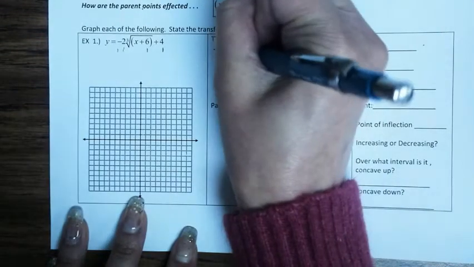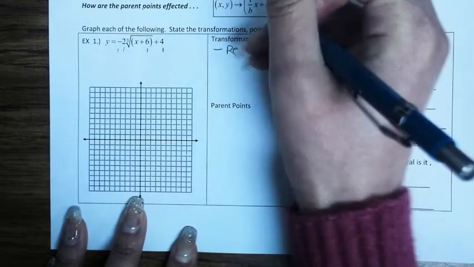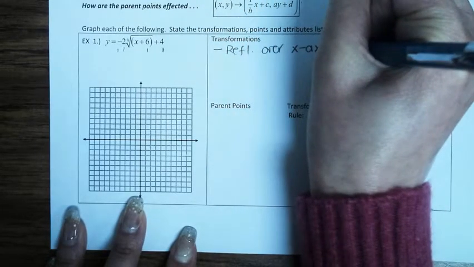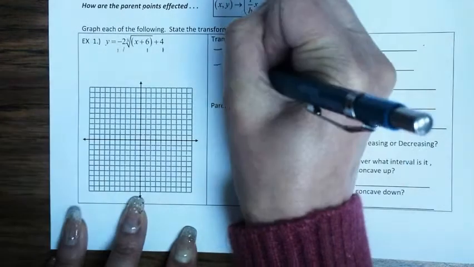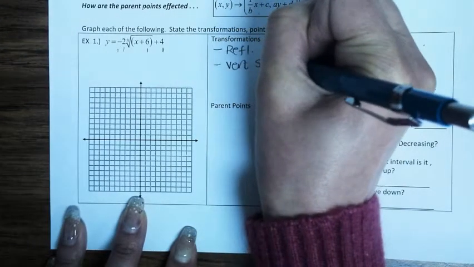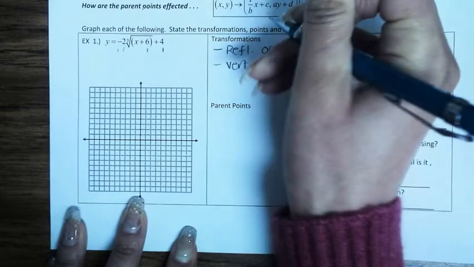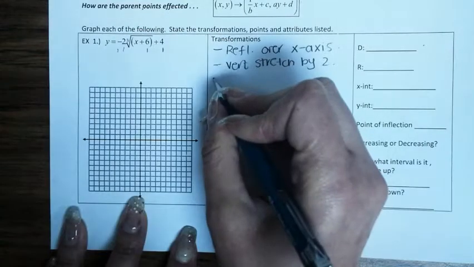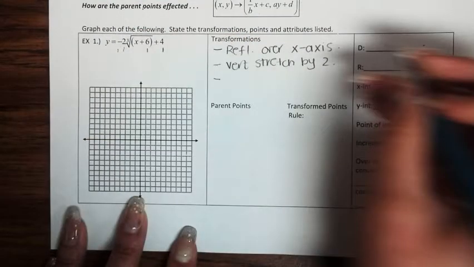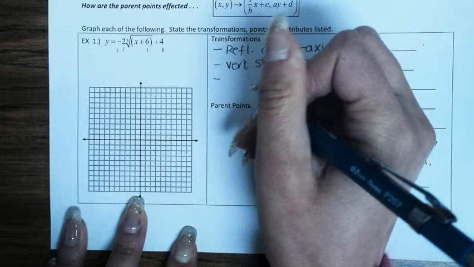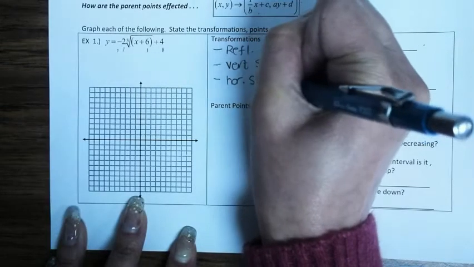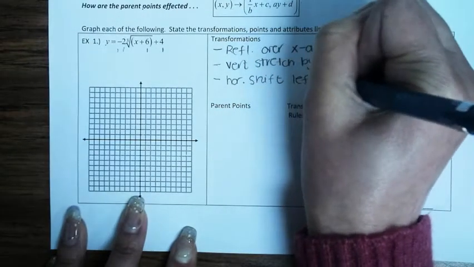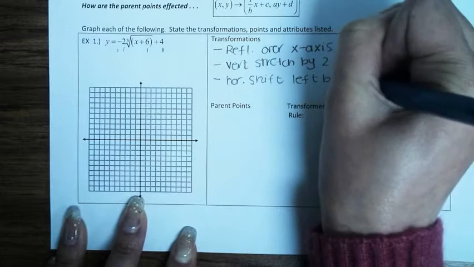Your first transformation is a reflection over the x-axis. Your second transformation is going to be a vertical stretch by 2 units, which is this one. The third transformation is that plus 6, which is going to be a horizontal shift to the left by 6 units.